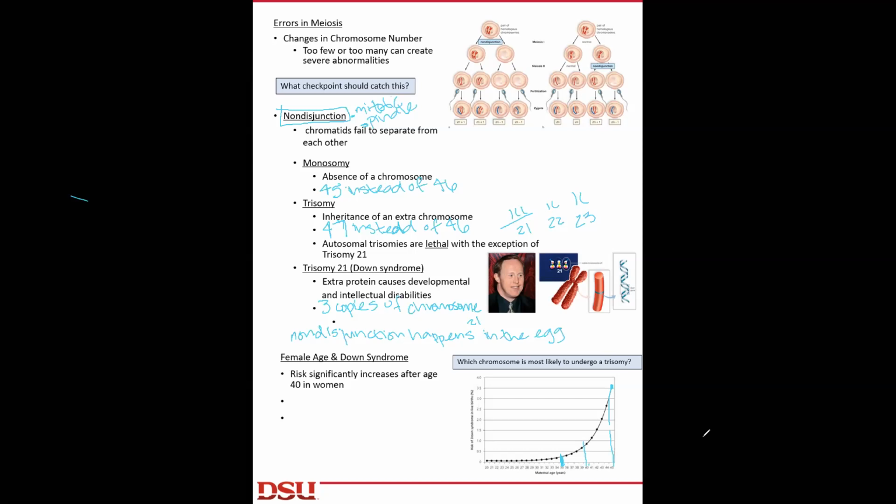Okay, so the real causes of why this non-disjunction problem happens are still being investigated. Why on that one chromosome is that happening?